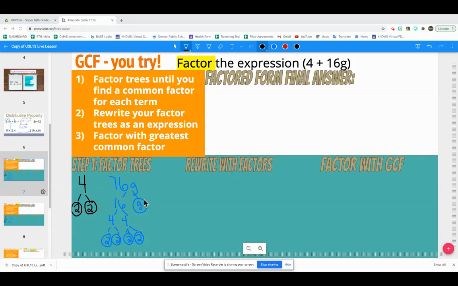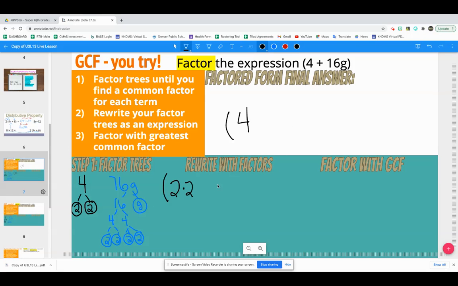Now, once I have used my factor tree, I want to rewrite my expression with my factors. The first thing in my expression is the number 4. Instead of writing 4, I'm going to write out its factors. So for 4, it's going to be 2 times 2.